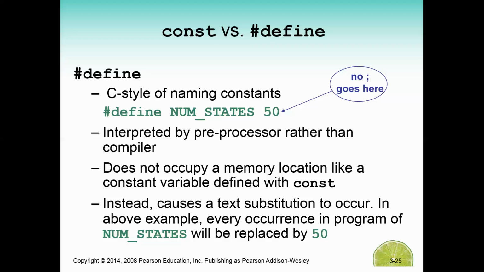So they use a pound define, just like a pound include, and then they name it. In C++, we don't use this anymore. This is interpreted by a preprocessor rather than the compiler. We are going to stick to the C++ style, not the C style.